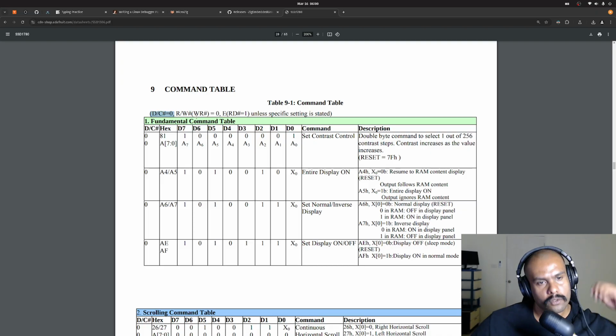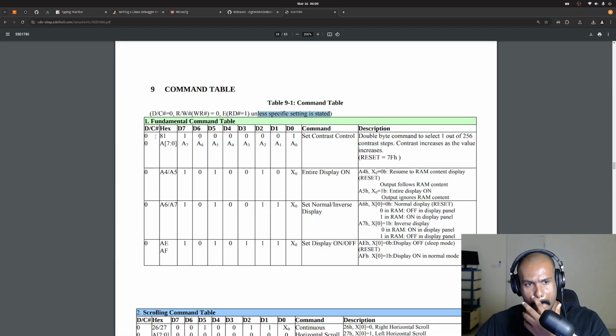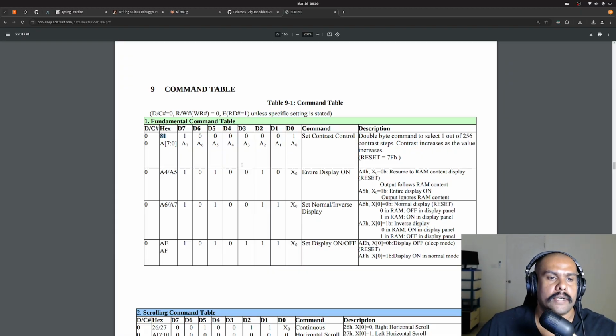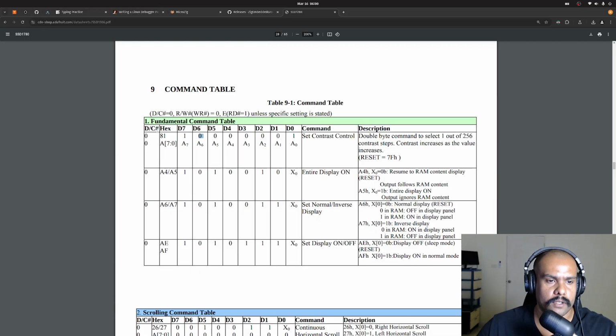DC is 0. Read write. What? They're both 0. And E, whatever that is, unless specific setting is stated. X81. D7 is 1. D0 is 0. Okay, so I just got to set it to 81. It makes sense.